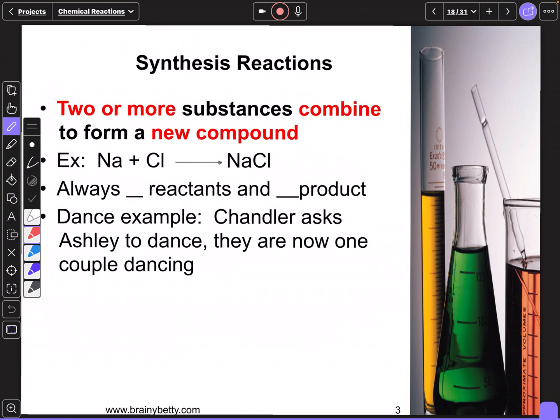So we look at a synthesis reaction. It's when we have 2 or more substances combined to form a new compound. In this case, we have sodium reacting with chlorine, and it produces sodium chloride. So you always have 2 or more reactants, and 1 product, always 1 product.